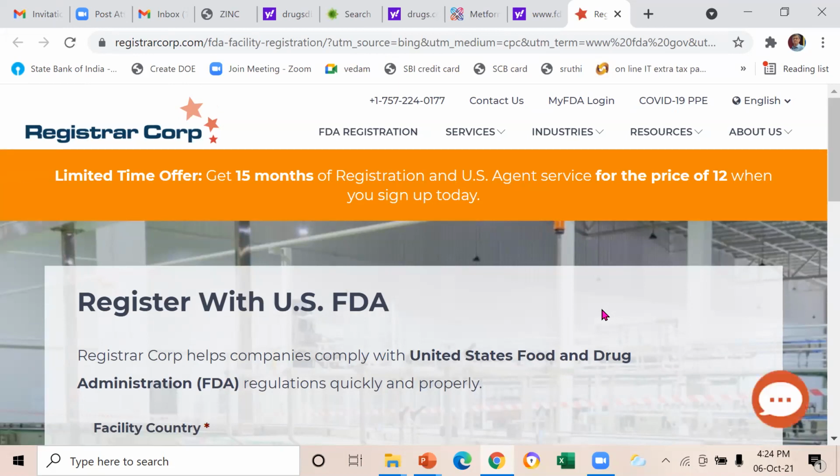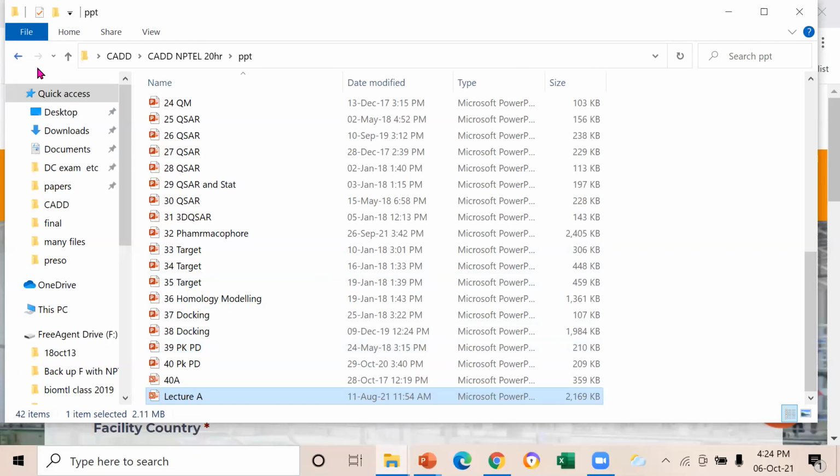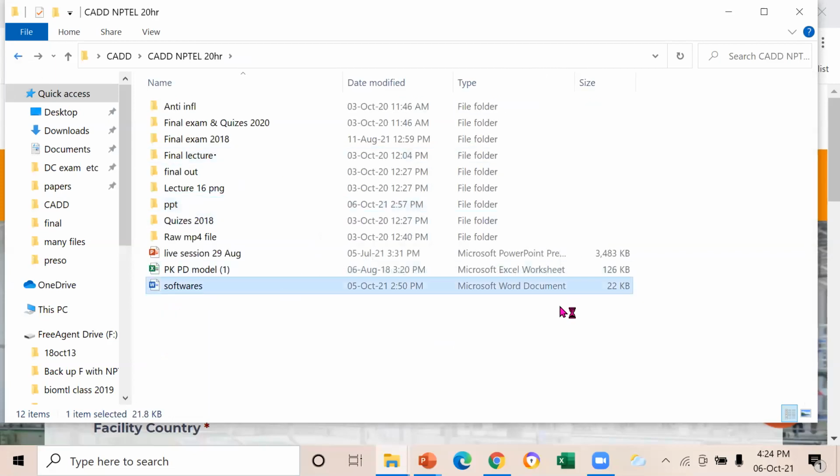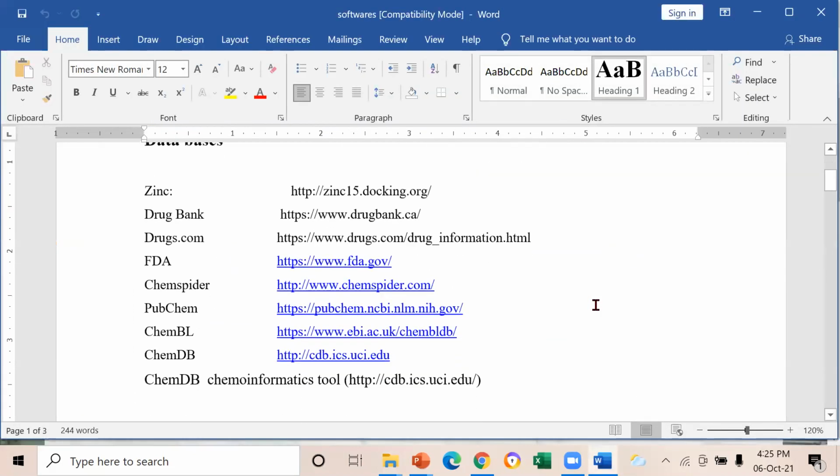Even if the drug failed, it will give you information about the failed drugs also. It will give information about the past drugs also. Past means which have been approved by the FDA. So these are databases which are very, very useful to give information about existing drugs. Okay, so DrugBank.